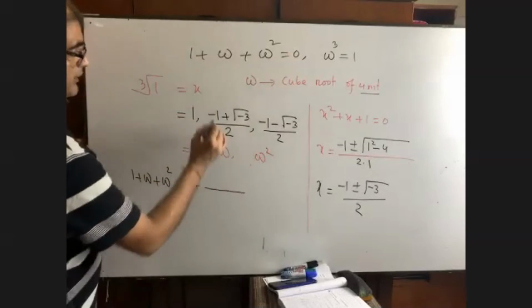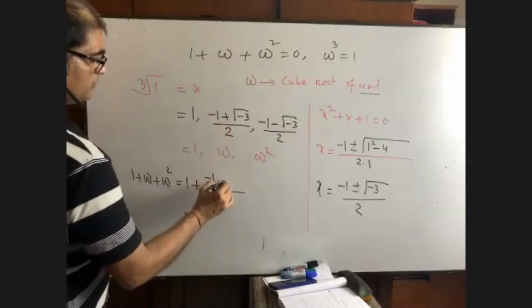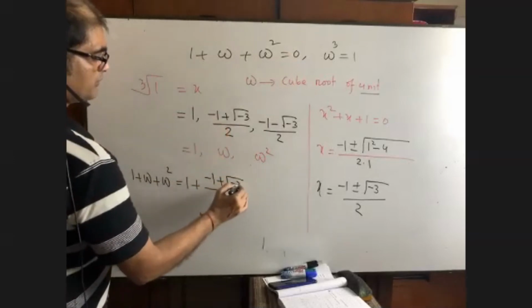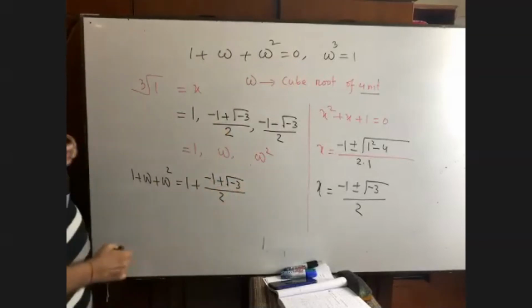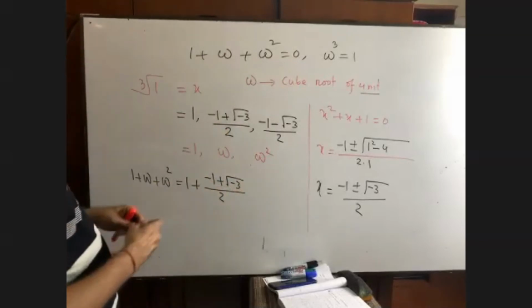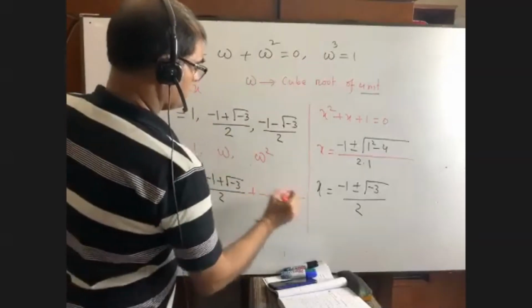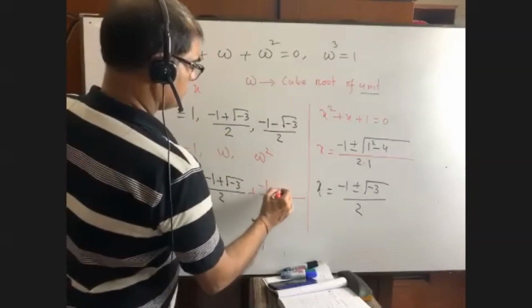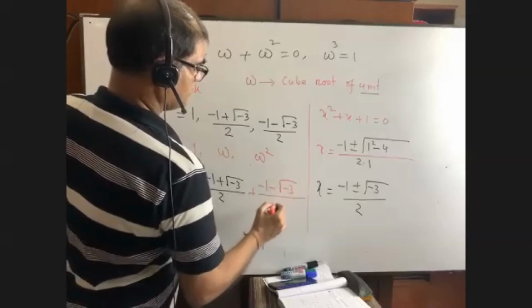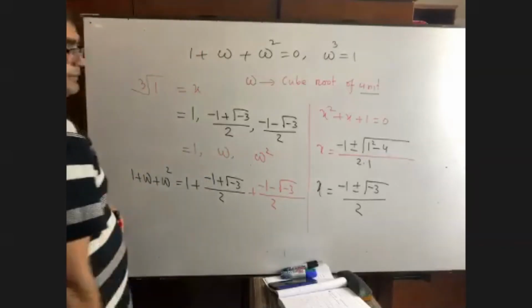What is the value of omega? Minus 1 plus root over minus 3 by 2. This is the value of omega. And this is the value of omega square. What is omega square? Minus 1 minus root over minus 3 by 2. Am I right?